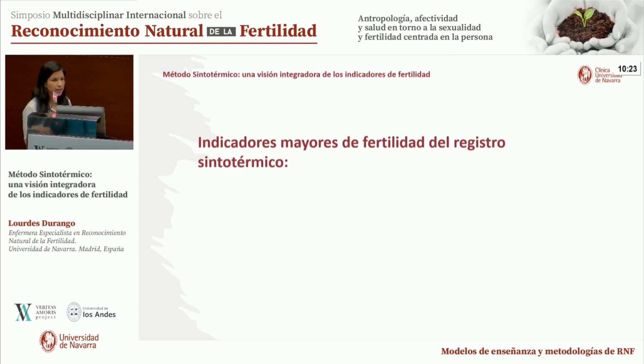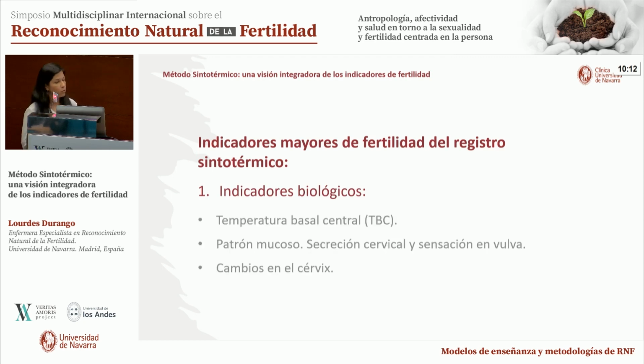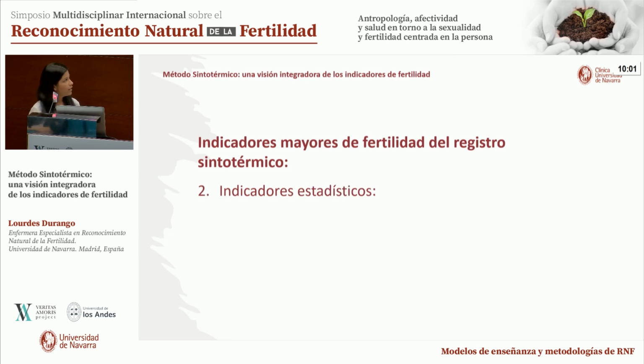And what are those indicators that are all integrated in the Symptothermal registry? We have three biological indicators: the basal body temperature, mucus patterns, what they see and what they feel, the secretion they have in the vulva, which we've seen several times, and the changes in the cervix.